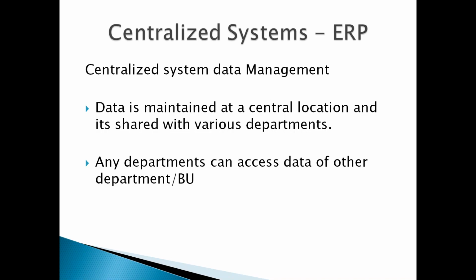Departments have access to information or data from other departments also. Let's look at the same business process again to understand how a centralized enterprise system helps to overcome problems posed by the decentralized enterprise system.